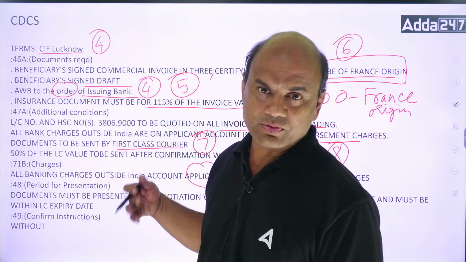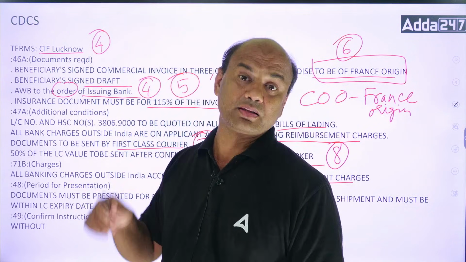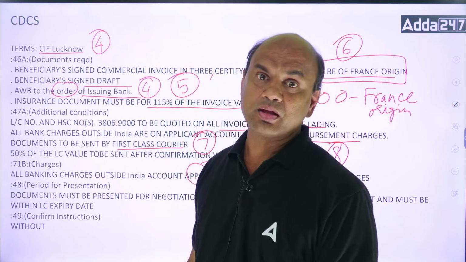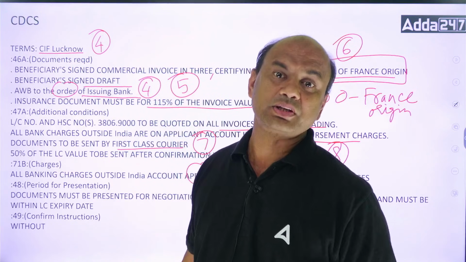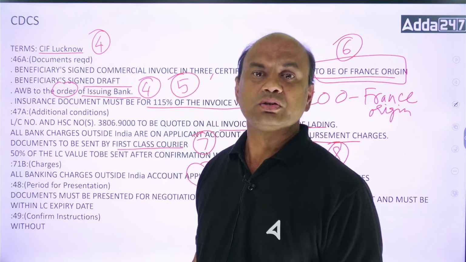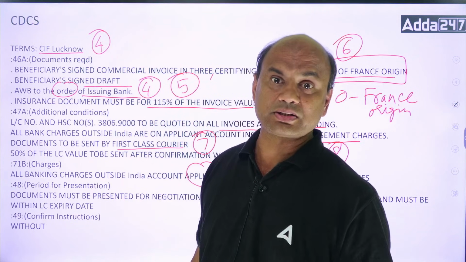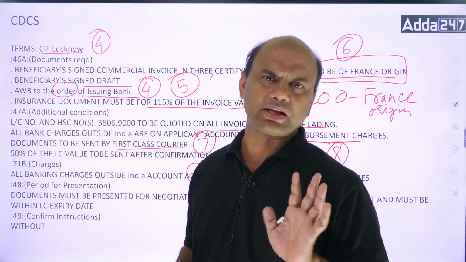Because if you are doing a transferable LC, why not? By confirmation, what happens is that the other party over there, the beneficiary and the second beneficiary, will get some confidence if they have a local bank confirming the payment. So this instruction, without, you must suggest, see, this is after all a suggestion. If the applicant says, no, I want without only, then you have to accept it.